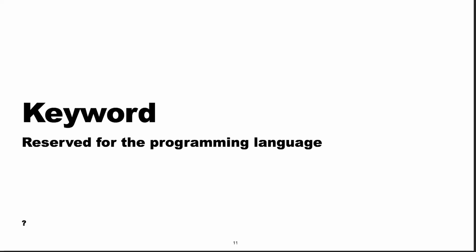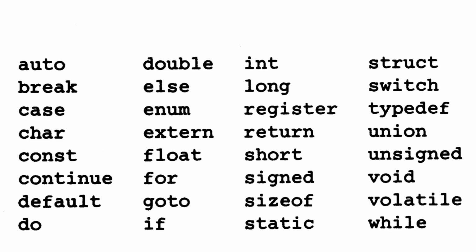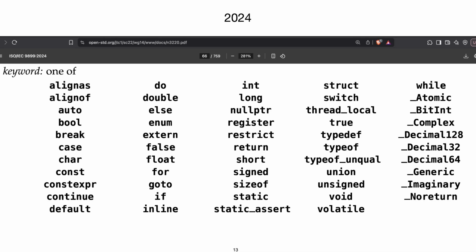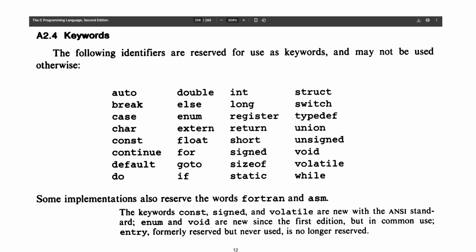But as you know, over time the C programming language kept evolving, and it is still evolving. As of the latest standard of 2024, these were the extra keywords that were added. If I go to the previous one, this is from the C programming language second edition textbook. These were the keywords that were present.